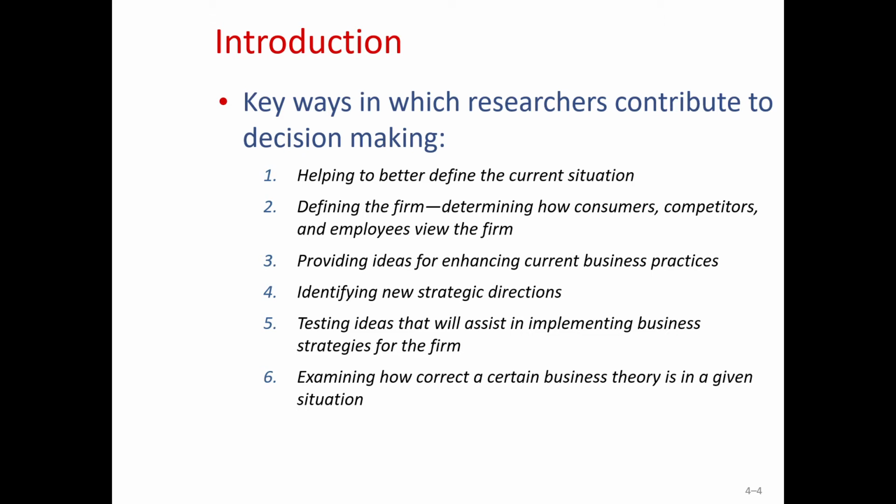Researchers contribute to decision making in several key ways, and these include helping to better define the current situation, defining the firm, determining how consumers, competitors, and employees view the firm, providing ideas for enhancing current business practices, identifying new strategic directions, testing ideas that will assist in implementing business strategy for the firm, and examining how correct a certain business theory is in a given situation.